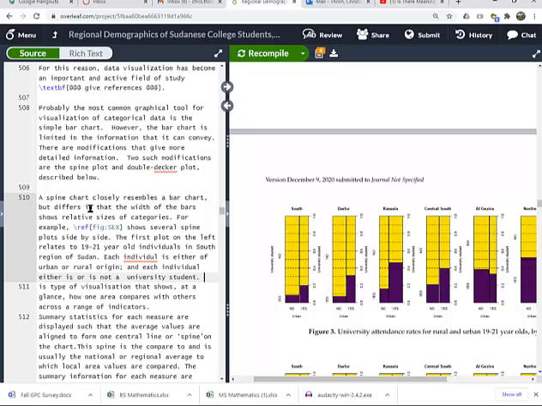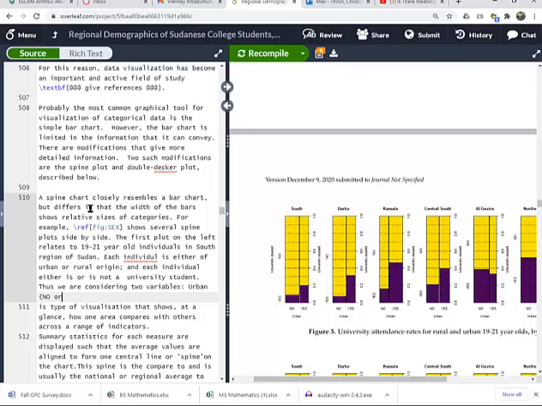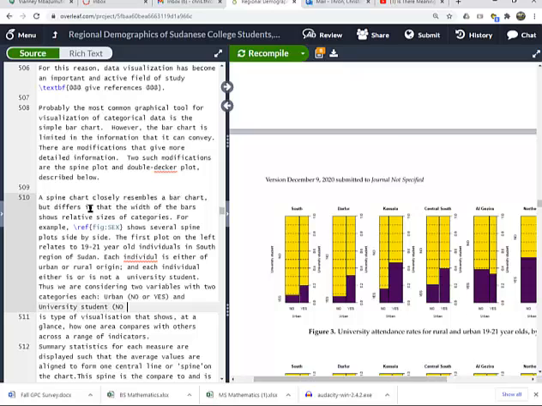Thus we are considering two variables: urban, no, yes. We're considering two variables with two categories: urban, no or yes, and university student, no or yes.